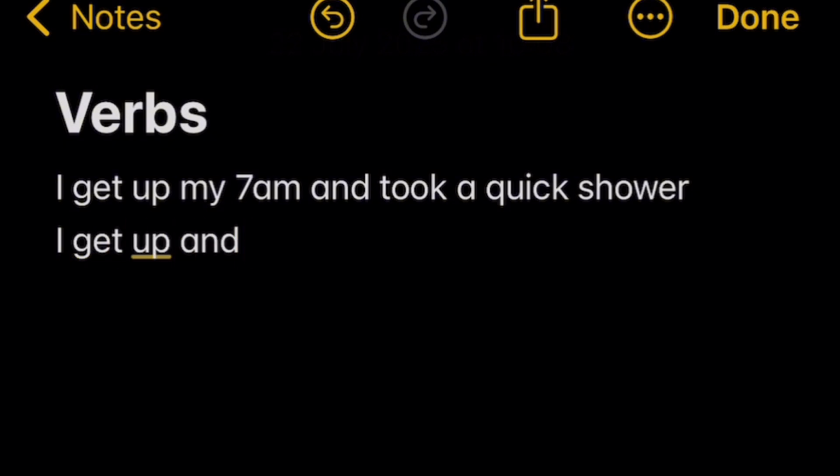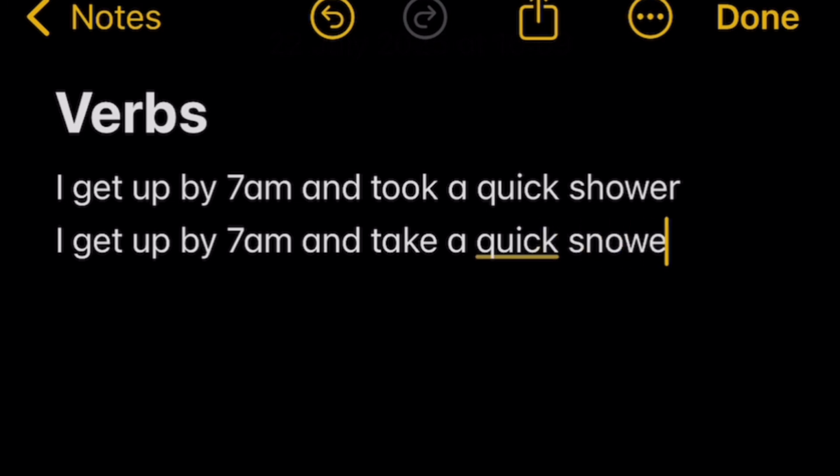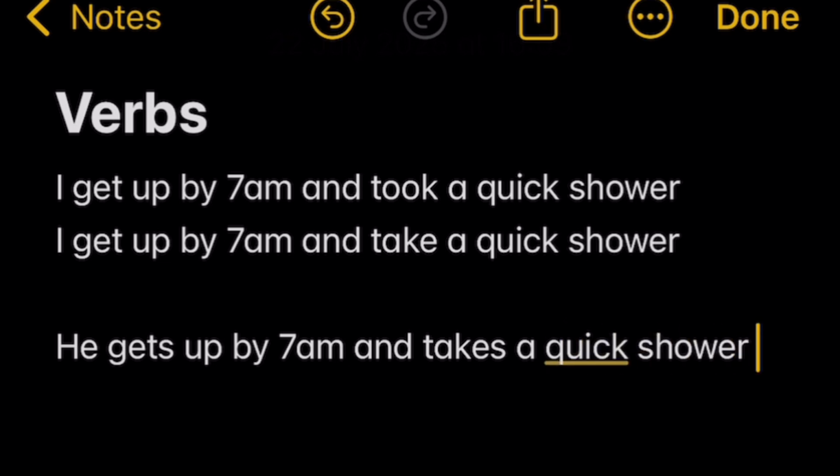I get up by 7 a.m. and take a quick shower. Do you understand? What about if it is he? Remember what we did about our subject verb. It should be what? He gets up by 7 a.m. and what? Takes a quick shower. Because singular verb goes with singular noun and plural noun goes with plural verb.